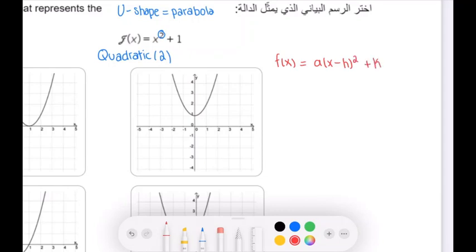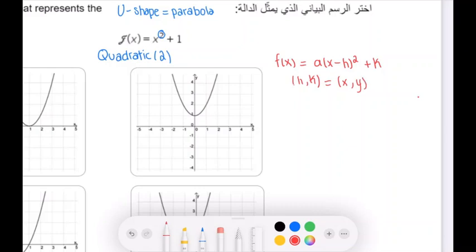This is the vertex form. We can find the vertex by using h and k, which is equivalent to x and y.